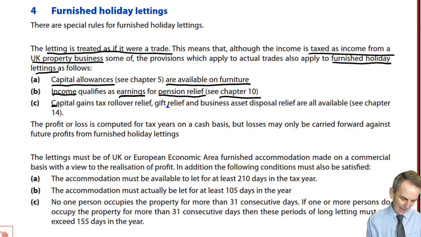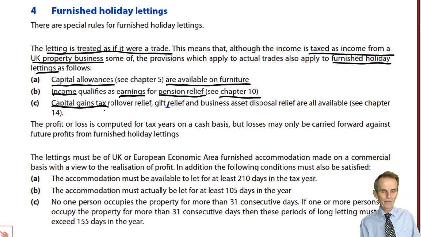And then a property can be a very valuable item, such that when it is sold, there could be not just a capital gain, there could be a very substantial capital gain. And although we've not dealt with either the calculation of a gain nor the reliefs that apply to mitigate those gains, that's in our CGT section after we've dealt with income tax.